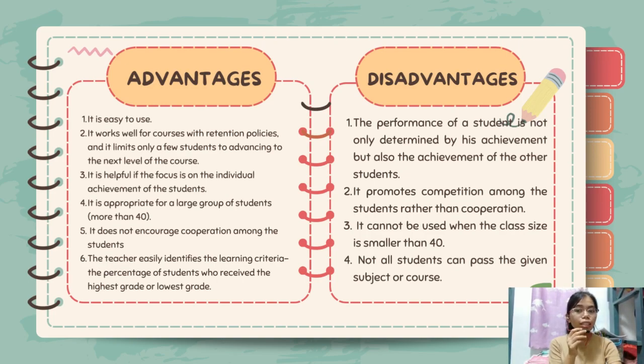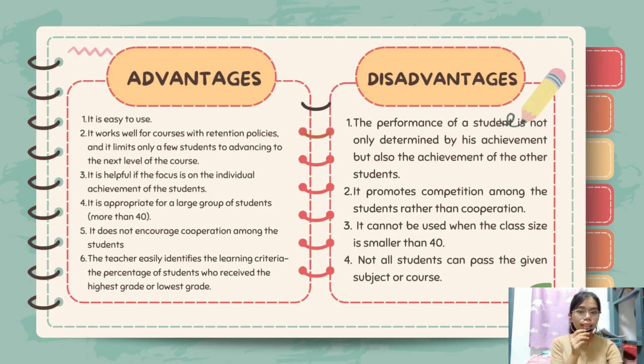Third, it is useful if the focus is on the individual achievement of the students. Fourth, it is appropriate for a large group of students, that is more than 40. Fifth, it does not encourage cooperation among the students. Sixth, the teacher easily identifies the percentage of students who received the highest grade or lowest grade.